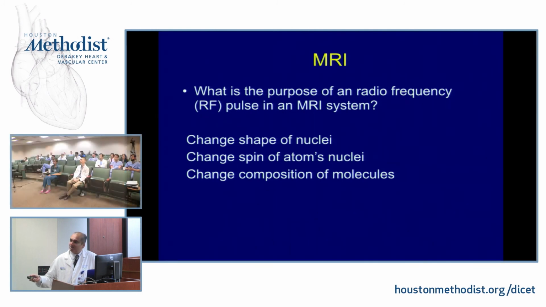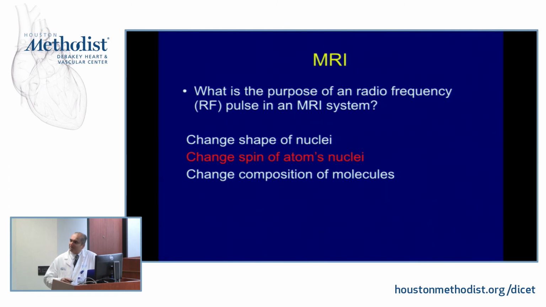How many think it's to change the spin of the atom's nuclei? And how many think it's to change the composition? Most of you, I think, are right here. A few of you, though, are falling asleep. The postprandial nap time, I guess. So you're right, that's exactly right. What we use is to change the spin of the atom's nuclei.